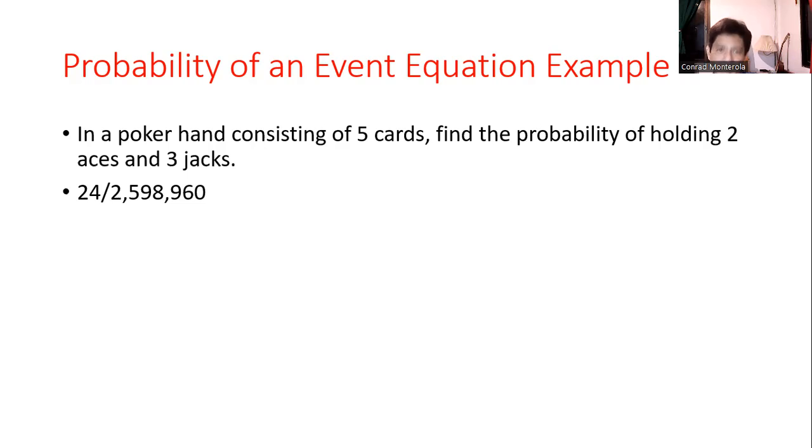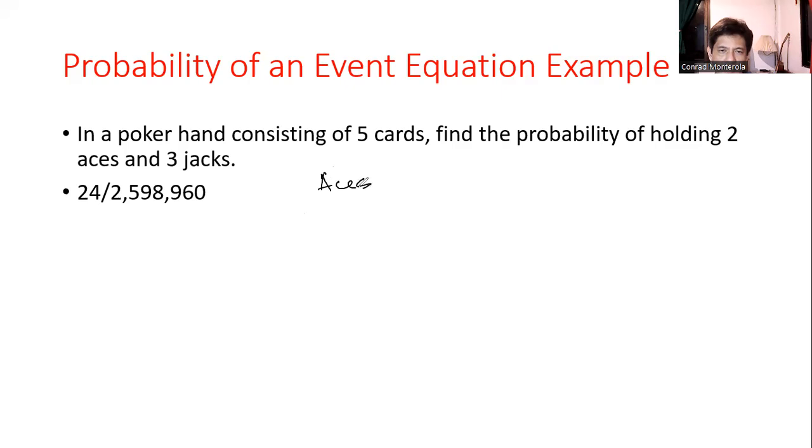Okay? So in a poker hand consisting of 5 cards, find the probability of holding 2 aces and 3 jacks. So basically, we're just going to count the number of outcomes na meron tayong 2 aces. So yung sa aces, kasi in a deck of cards, we have 4 aces, ano? So that would be 4 aces.